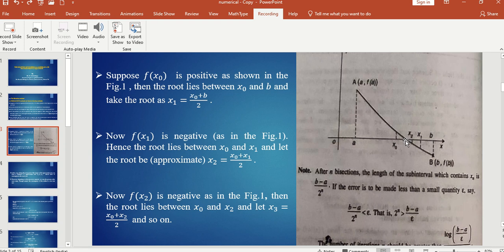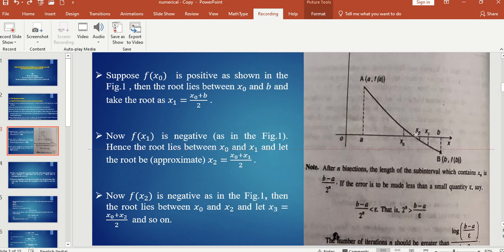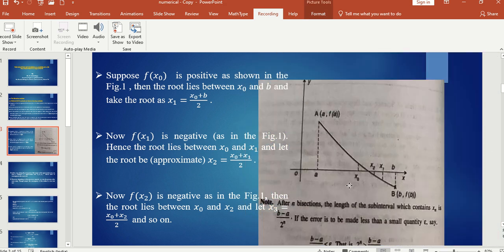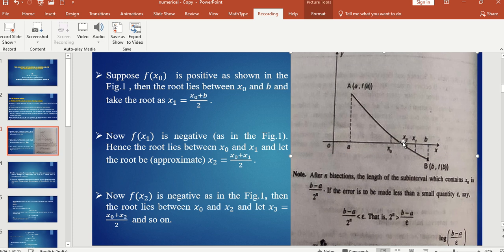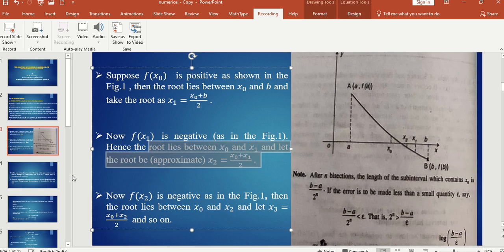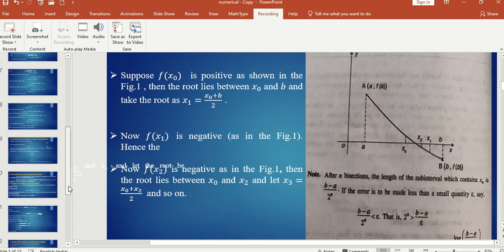So this will be our exact root. So we have to obtain this exact root by approaching it through the shortening of intervals. So we will move on to the method.